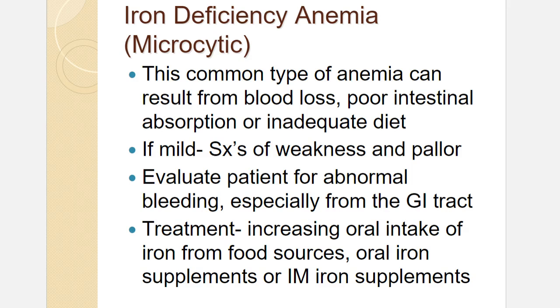If a person has iron deficiency anemia, iron stores are depleted first, followed by hemoglobin stores. So before you would see the hemoglobin start dropping, the body would use up all the stores that it has. And once those are all depleted, then you're going to see the hemoglobin start to decrease. And as a result, red blood cells are small, microcytic, and the patient will have mild manifestations of anemia, okay?